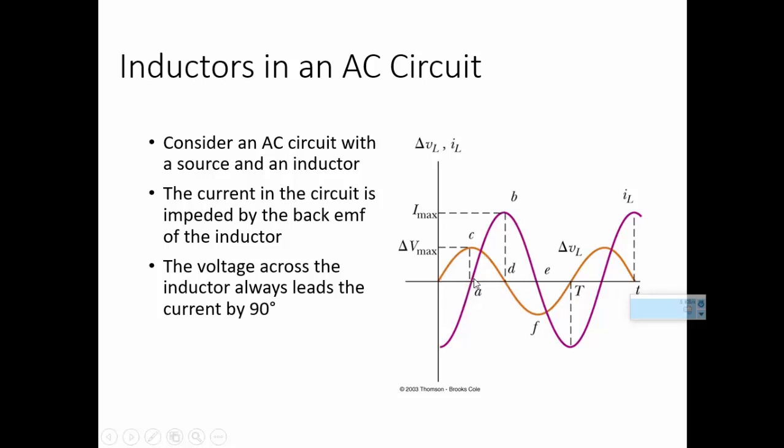If this is the zero point, this point is ahead of this point, more to the left, therefore it's leading the current by 90 degrees. And if you evaluate the angle, you find that in an inductive circuit the current lags the voltage by 90 degrees.